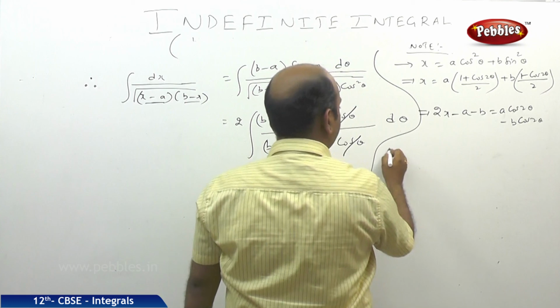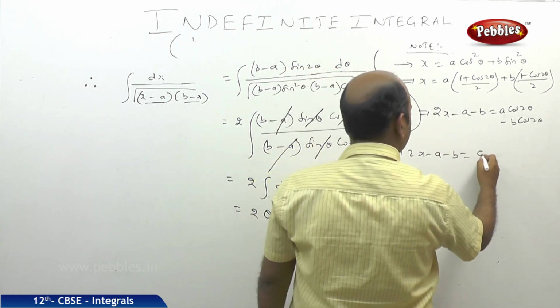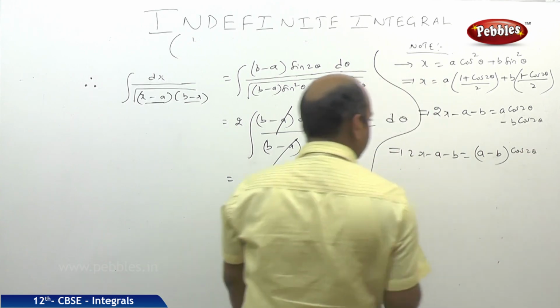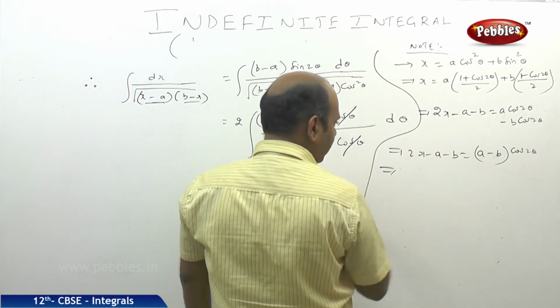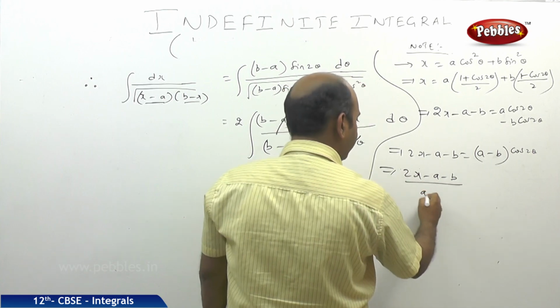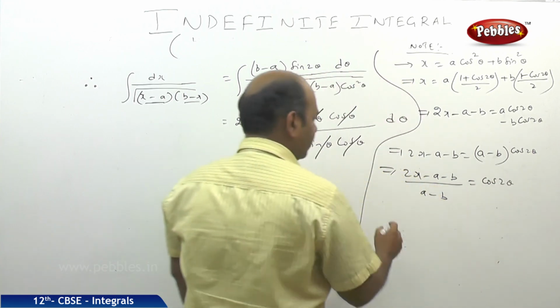So finally 2x minus a minus b is equal to (a minus b) cos 2 theta. So a minus b I'll shift to this side. So (2x minus a minus b) by (a minus b) is equal to cos 2 theta.